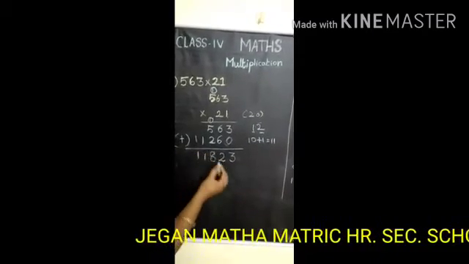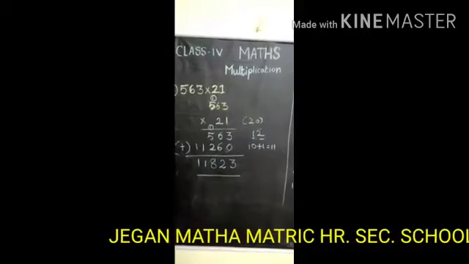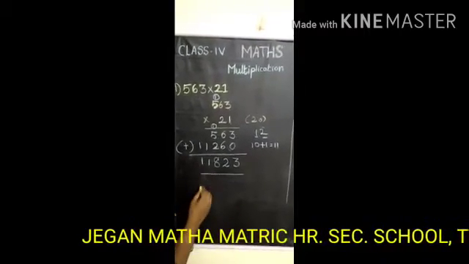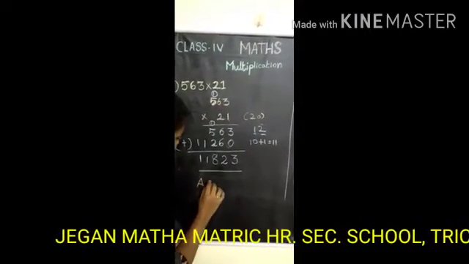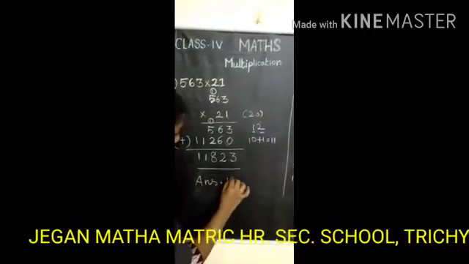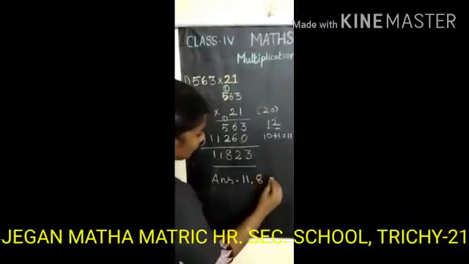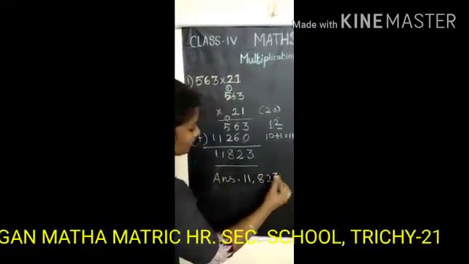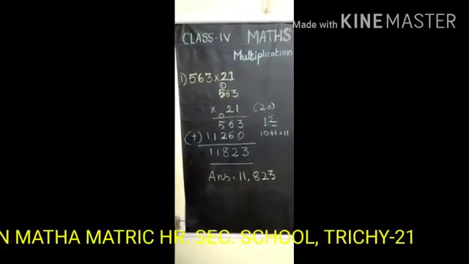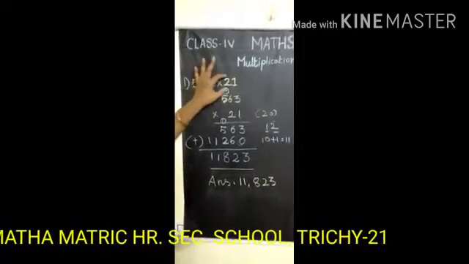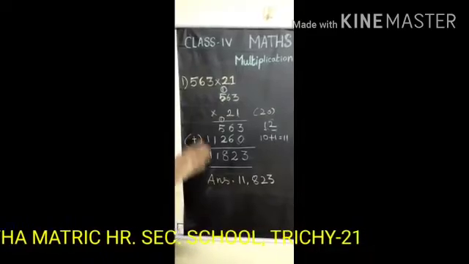Then 1, 1. That's all. This is the final product we get. The answer is 11,823.